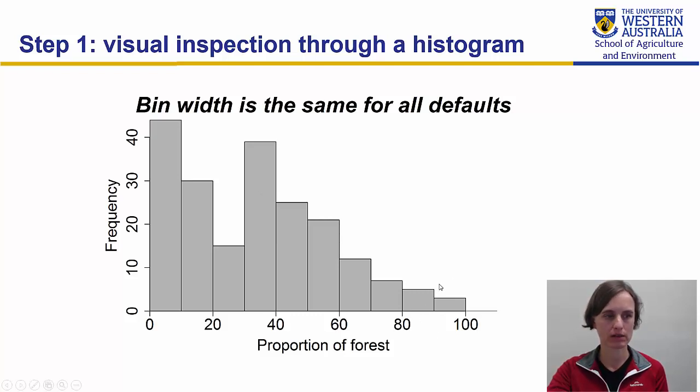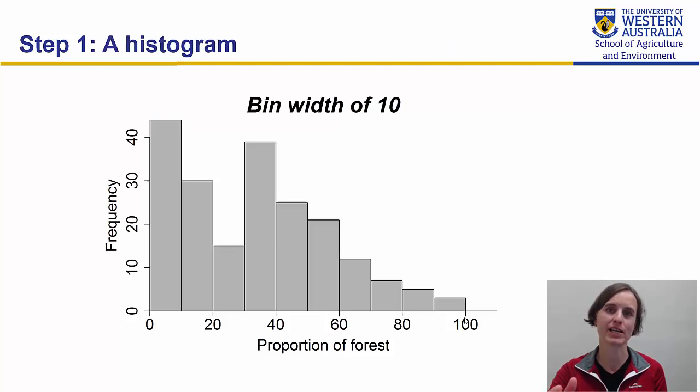Yep, there's only about 4% of countries that have between 90 and 100% forest. And that's understandable, because we need a place to live too. So that's a bin width of 10: 0 to 10, 10 to 20, 20 to 30, etc.